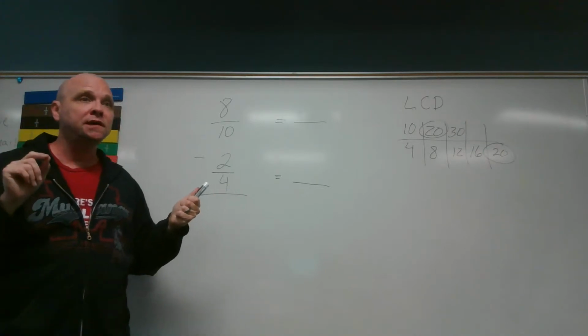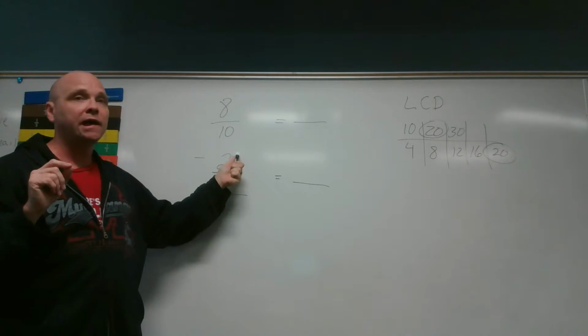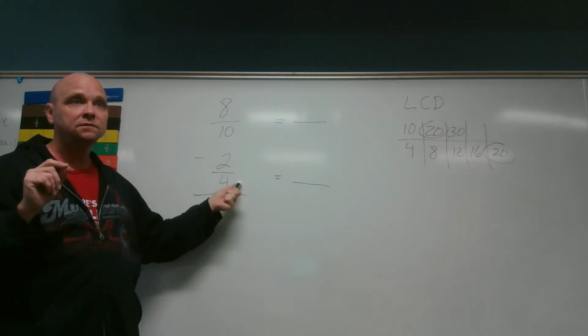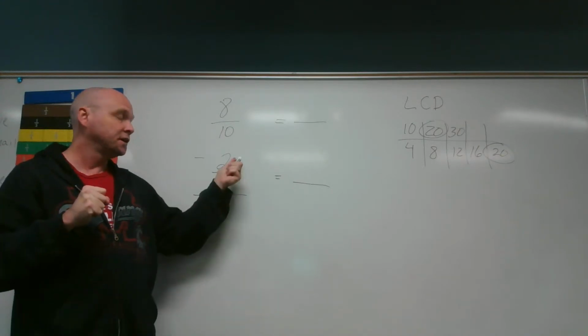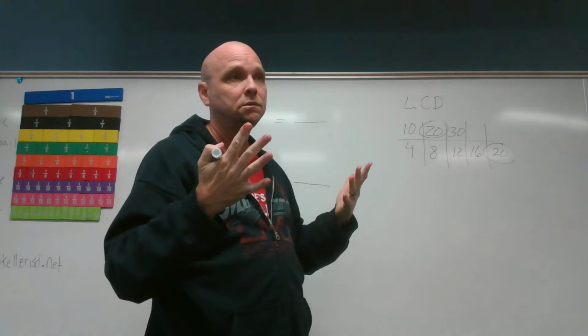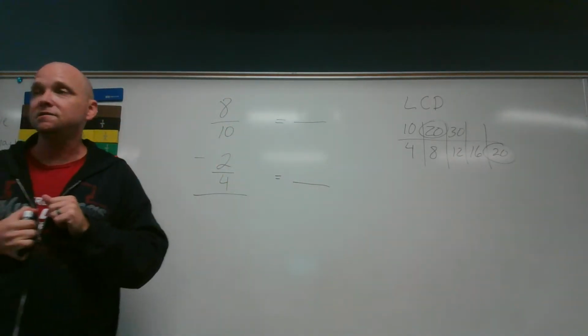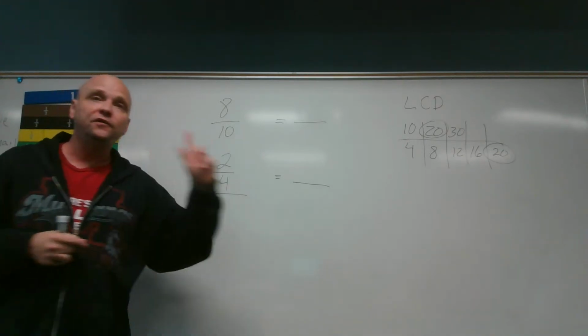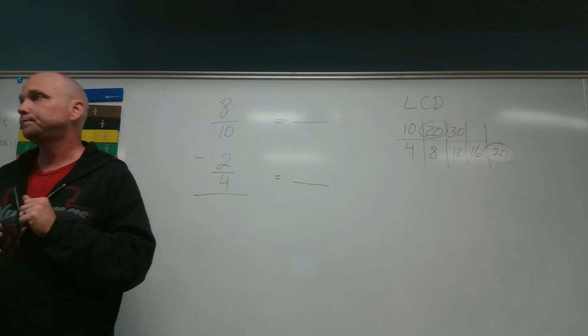So what Jason did is instead of writing a half as 2/4, he wrote a half as 5/10, because 5 is half of 10, just like 2 is half of 4. So that's the same value. It'd be like 50%. If you got 2 out of the 4 questions right on a test, you'd get 50%. If you got 5 out of the 10 questions right on a test, you would get 50%.